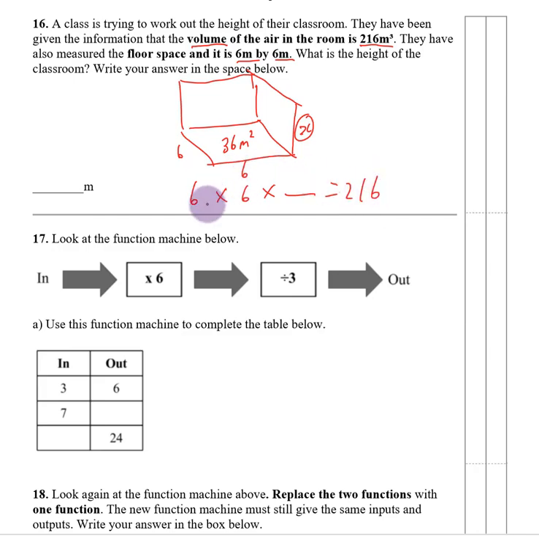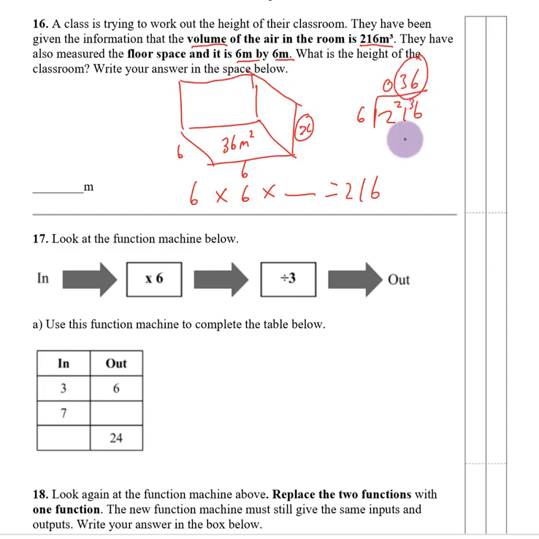So we basically need to do the opposite of multiply by 6 and multiply by 6. If we do 216 divided by 6, that will give us the first part. 6 into 2 doesn't go, carry the 2. 6 into 21 goes 3 times, carry the 3. And then 6 into 36 goes 6 times.